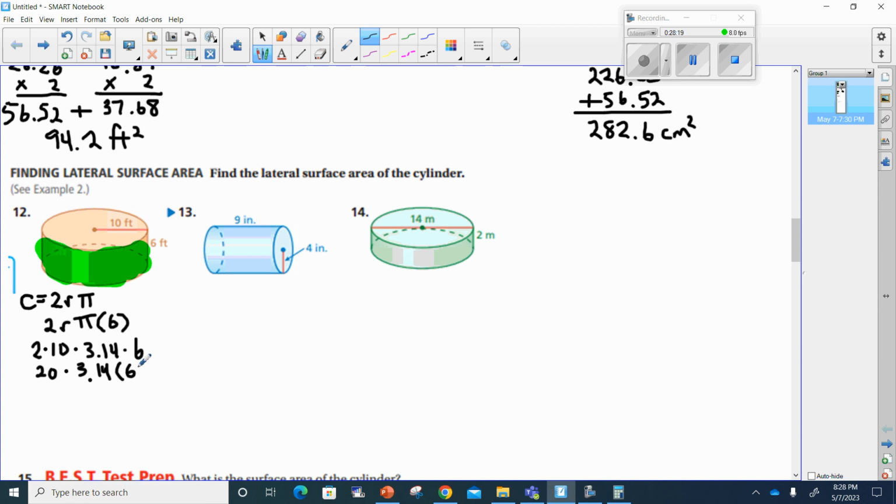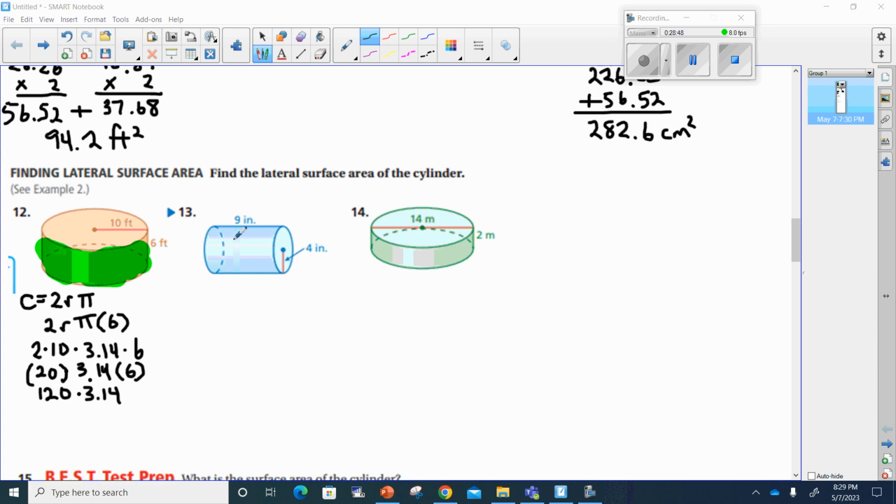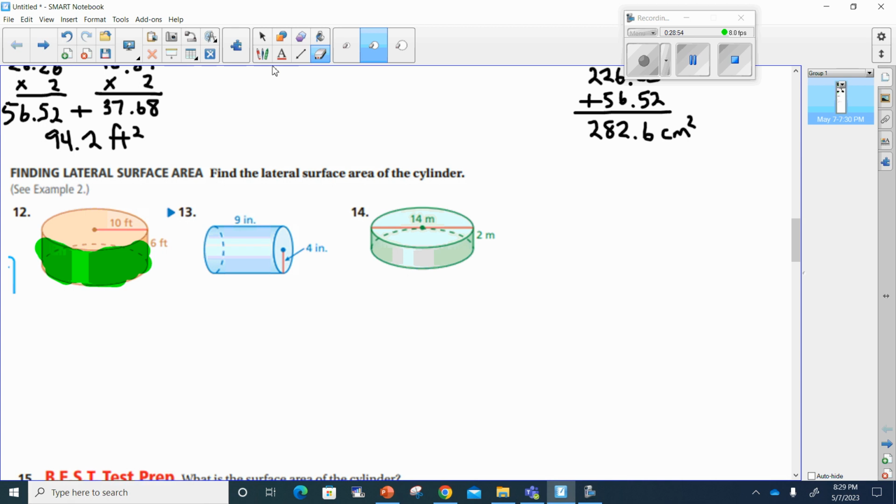I'm going to put this in parentheses because I know that all these dots get kind of confusing. I know 20 times 6 is 120, so this is going to be 120 times 3.14. Let's see, 120 times 3.14. Wow, I just realized I was doing one of yours. So I've got to stop there. That was a pretty big jump for you guys to figure out what to do there. I have number 13 to do, and you'll have 12 and 14. Just follow along. Can't believe I did that.